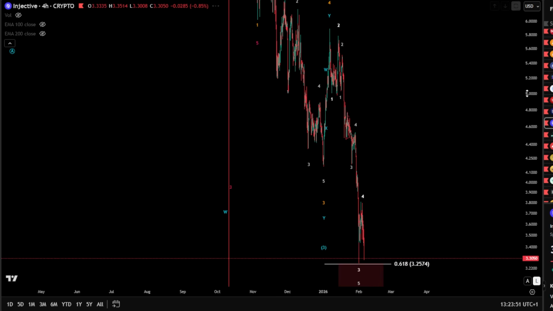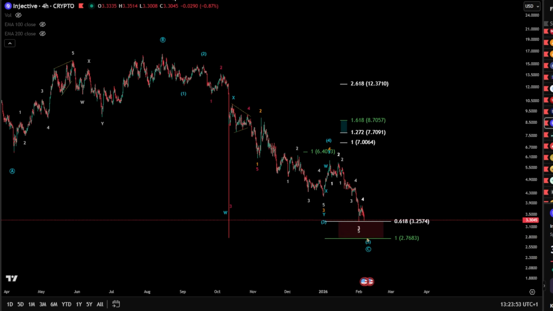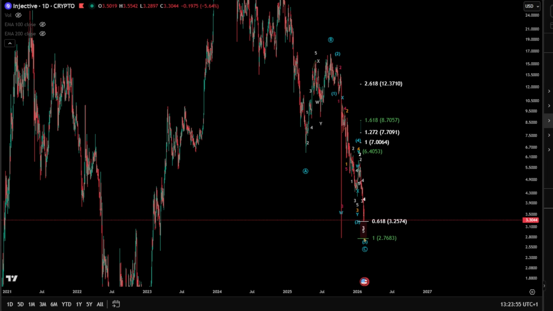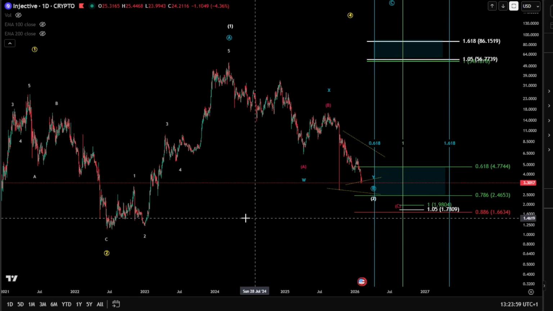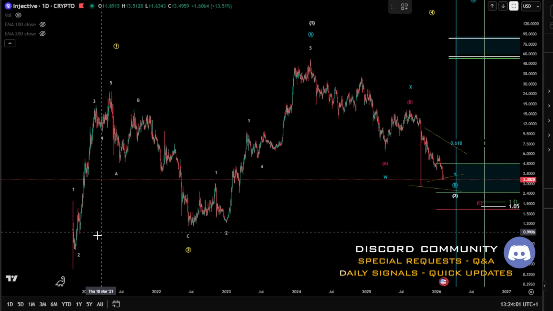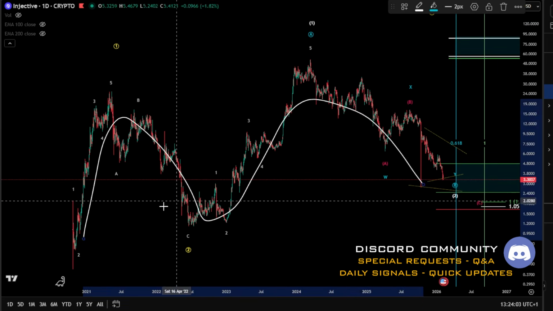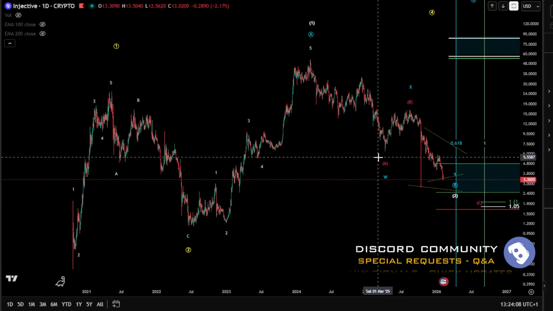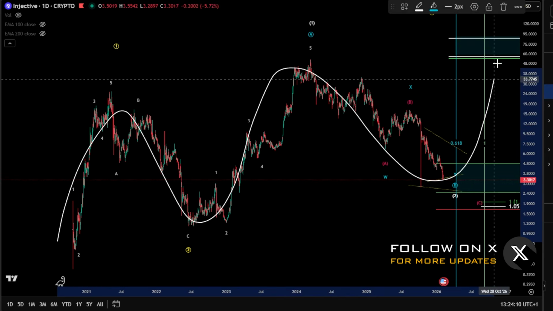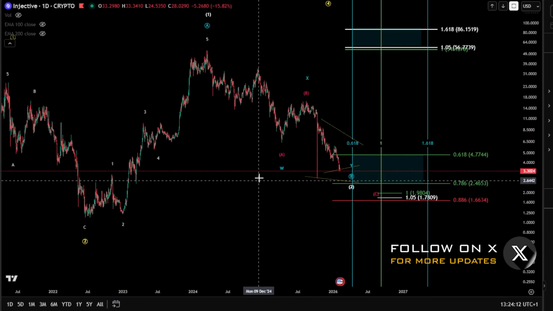Yep, so for Injective as well, we are looking at the daily here. For Injective, we are looking for these 3 ways toward the upside, or it can be double 1-2. Very likely a wave A. Wave B is unfolding as well, the same as for the other coins. So we are looking also for a wave C after all.